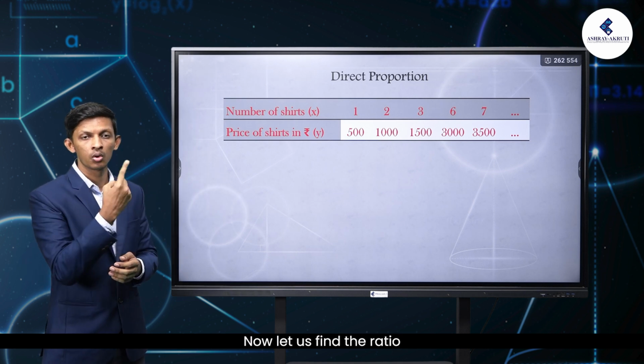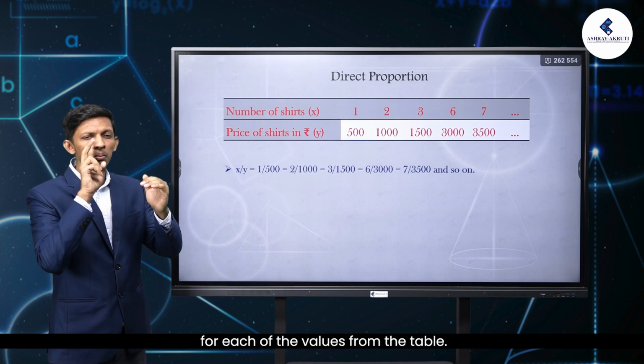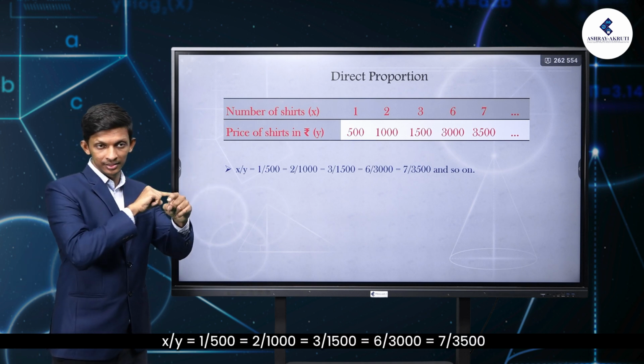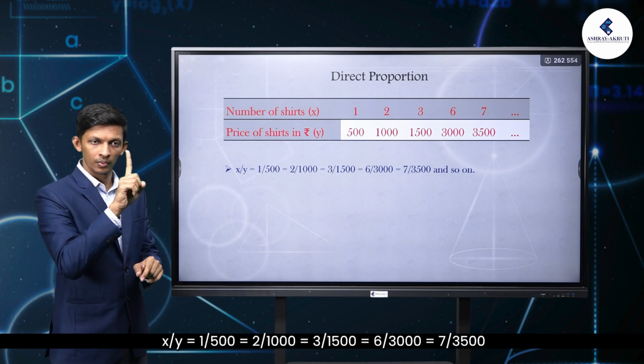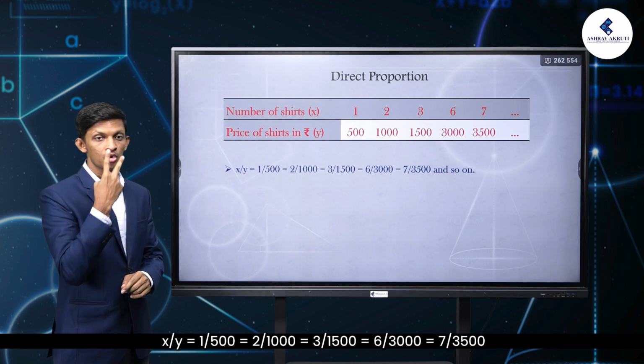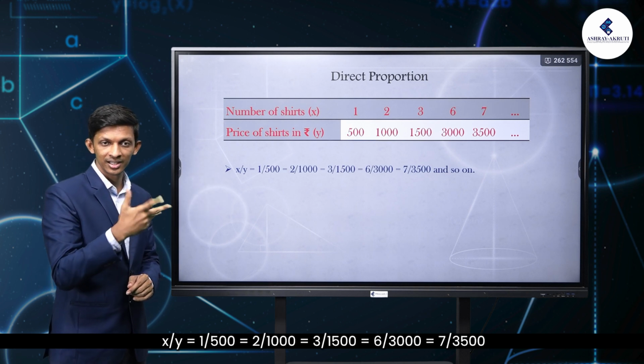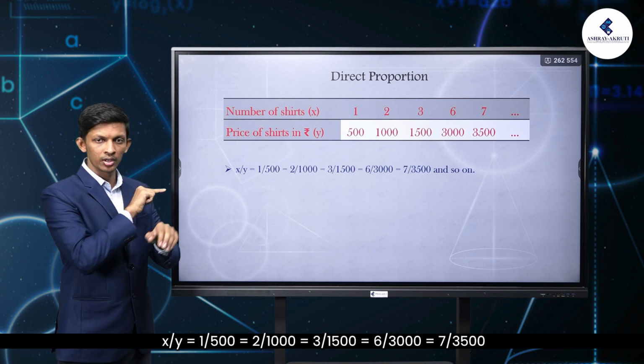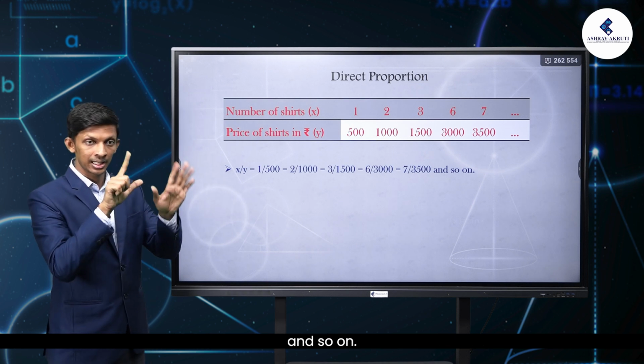Now let us find the ratio for each of the values from the table. X by Y is equal to 1 by 500 is equal to 2 by 1000 is equal to 3 by 1500 is equal to 7 by 3500 and so on.